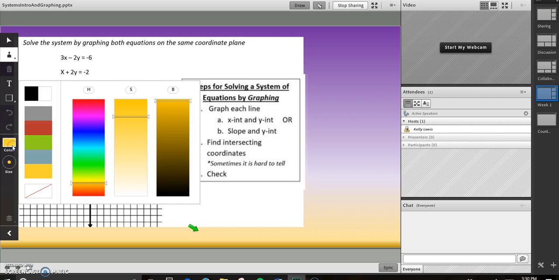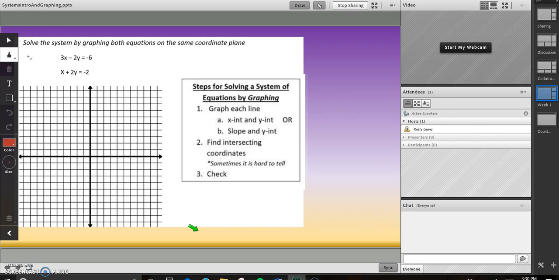All right, here we go. This one is in standard form, so I'm going to do x and y intercepts. So x equals -2, so I'm going to do (-2, 0) for the x-intercept.